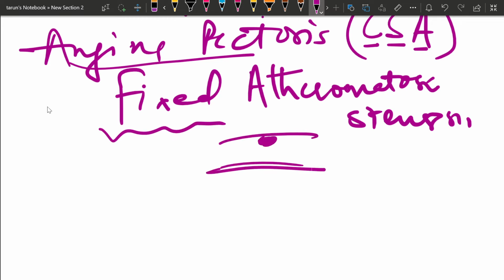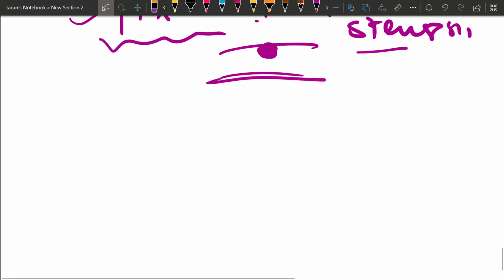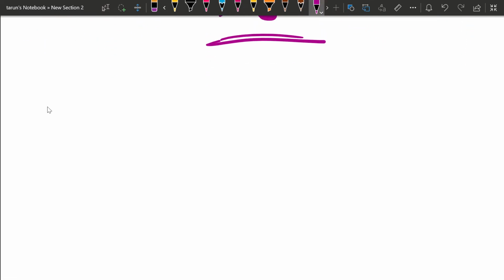The blockage is fixed. Fixed atheromatous stenosis causes chronic stable angina. We will see how to manage a case of chronic stable angina.